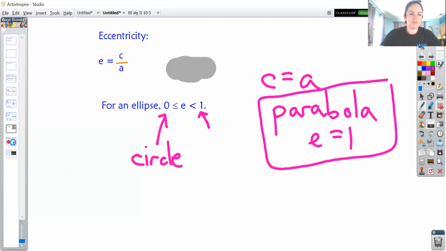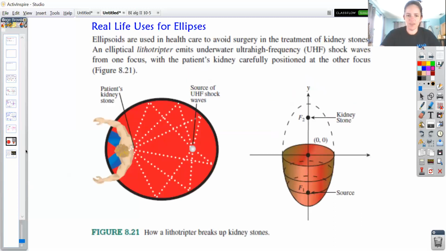A couple real world uses of ellipses. One is a lithotripter, which emits shockwaves underwater to break up kidney stones. I myself had a bunch of kidney stones in the fall, and although I have not done this, I have talked with the doctor about potentially some ways to break up kidney stones.